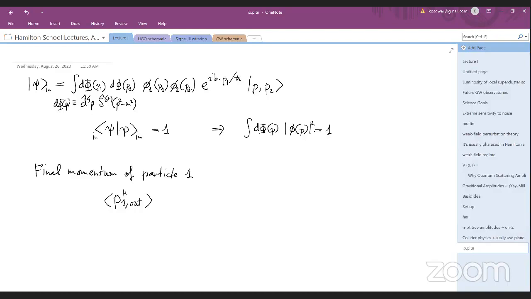No, this is just a convention about what I'm picking to be the center of the coordinates. I could also write this as, choose the center of the coordinates for b to be in the middle of the two, or choose it to be p2. It doesn't really matter. It's just a question of where the zero is.